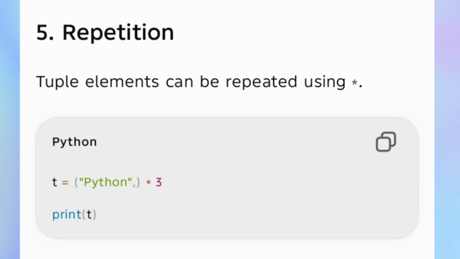Repetition. Tuple elements can be repeated using the asterisk. t = ("Python",) * 3, print t. What is the output? Let us assume Python is repeated 3 times: Python, Python, Python.